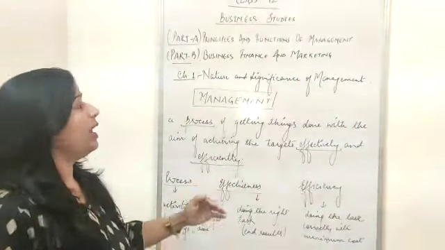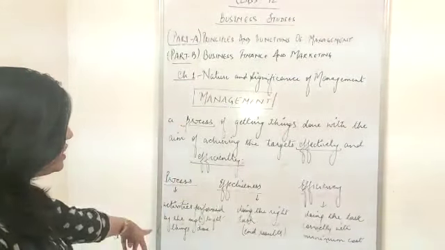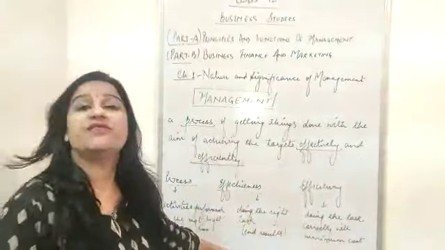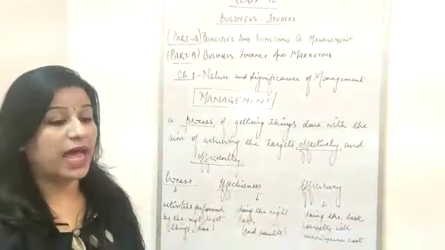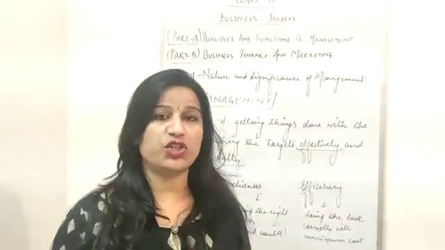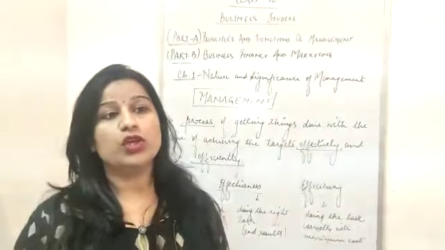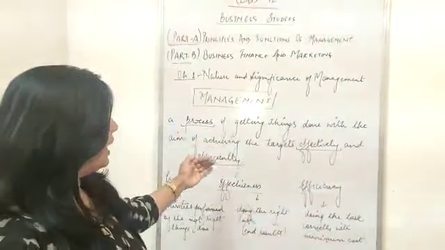So in all, management is a combination of various activities which are to be performed within a given time, that is effectiveness, and with the minimum cost possible, so that the organization can achieve its target with efficiency and effectiveness. So students, I guess you got a brief of management in business.